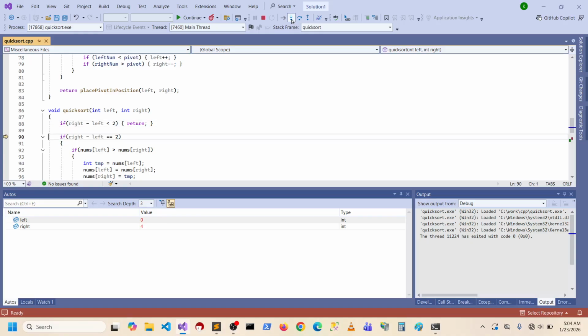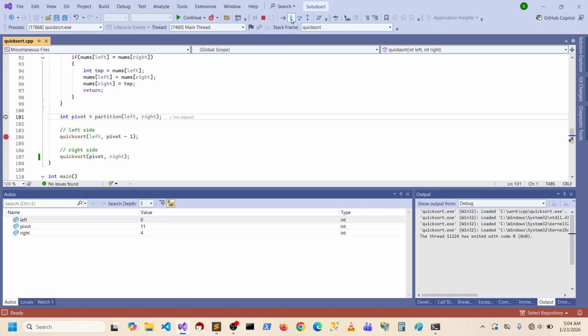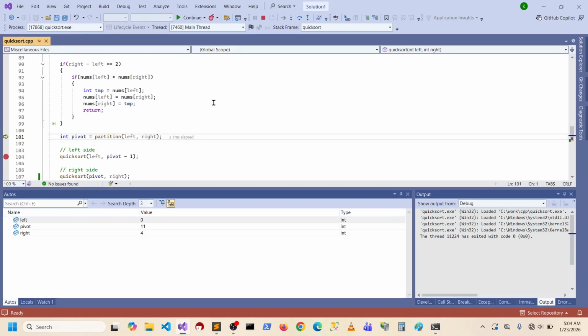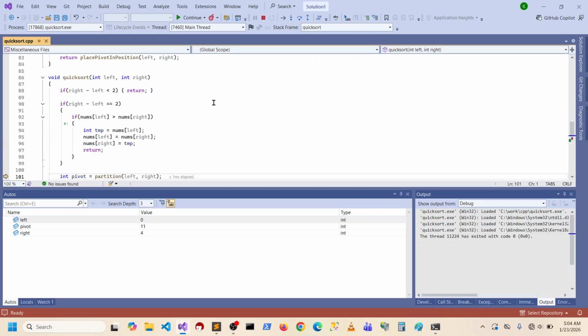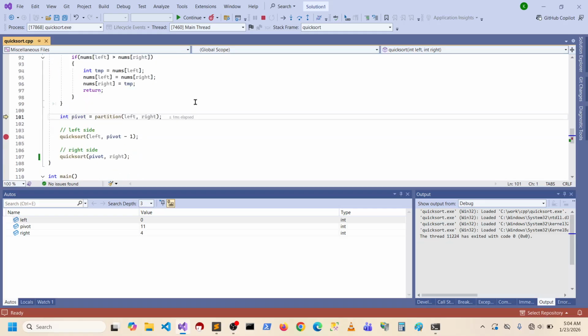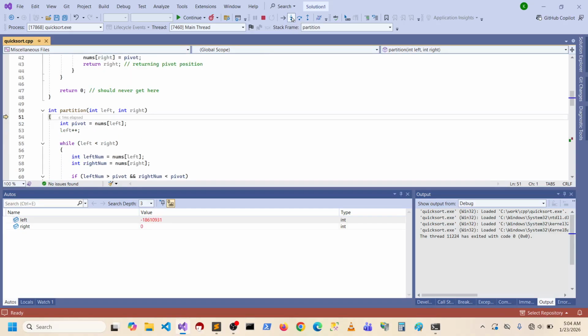0 memo, no. And so then pivot equals partition 0, 4. Let's go into that. So pivot equals 9, yes.